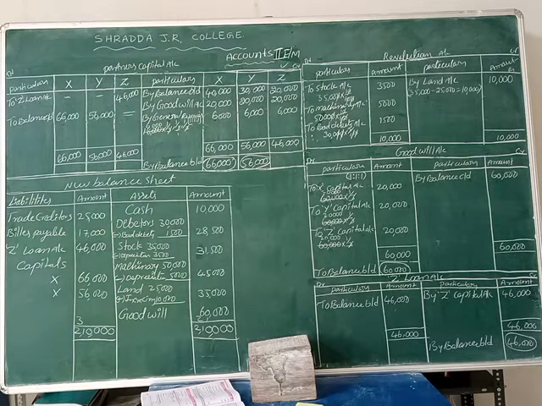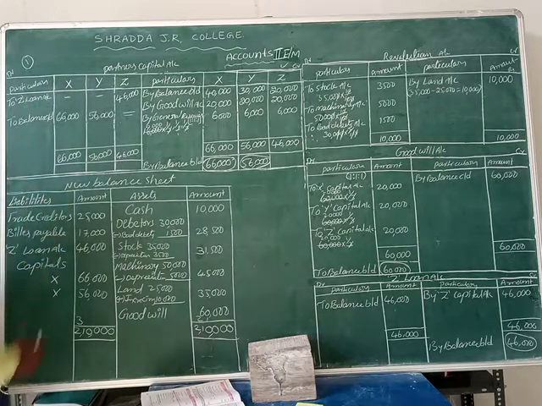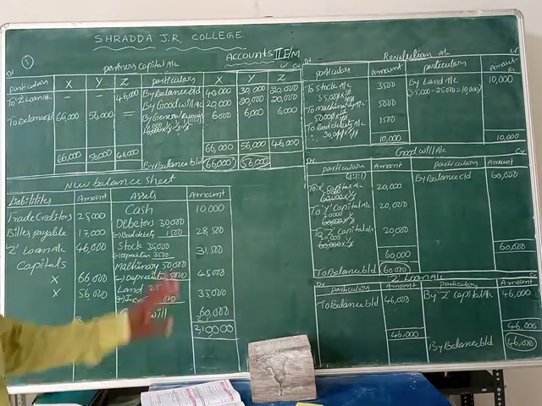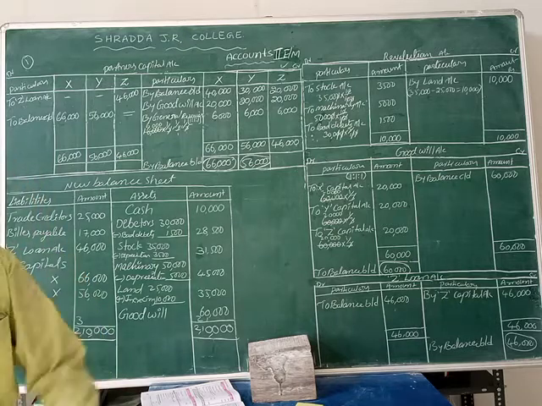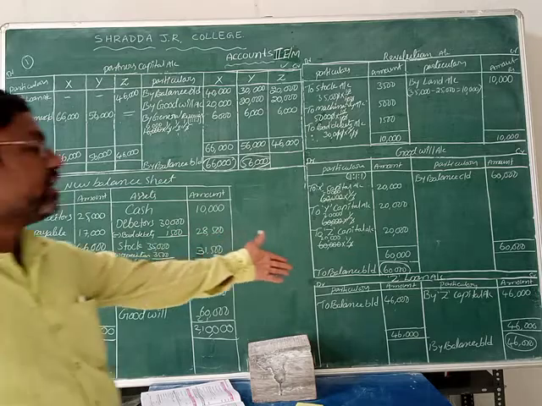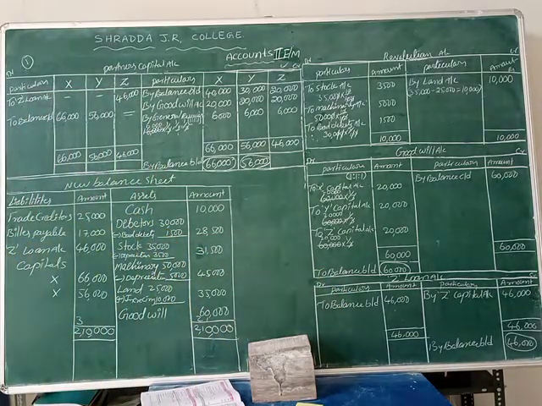So this is the retirement of partner first problem. It is completed. Okay now. So here there is no change. Only we are not doing the cash or bank account. Now we are doing the loan account here. Only one small change. Remaining all same calculations, friends.